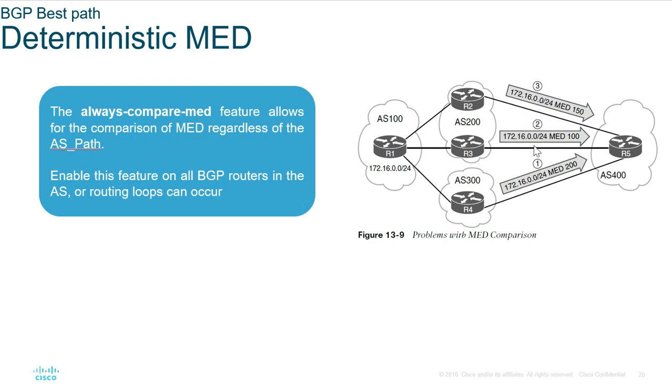Kemudian kita ada advertisement daripada sini which is 172.16, MED dia 100 dan melalui 200 dan 100. Okay, so let's assume that this MED was intended for this path to be chosen. So kalau kita compare yang ini dengan yang ini, kita tengok mungkin kita kata ni lah menang.